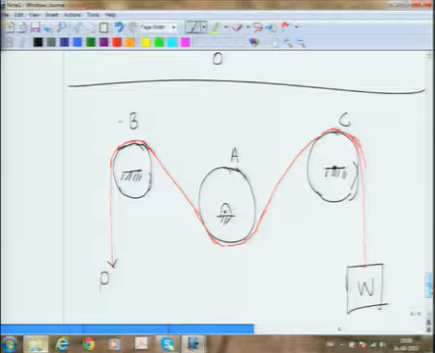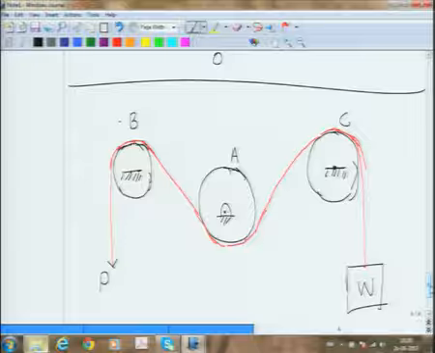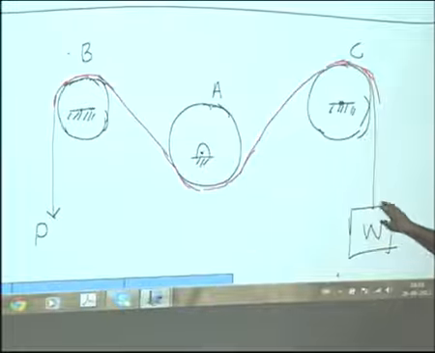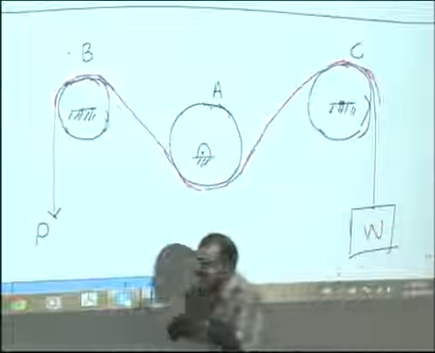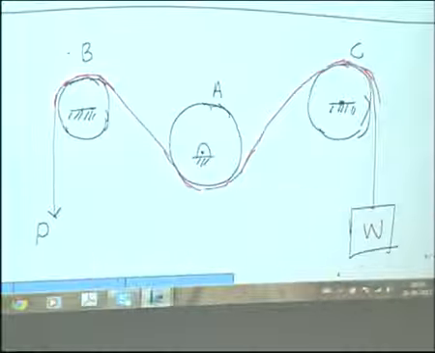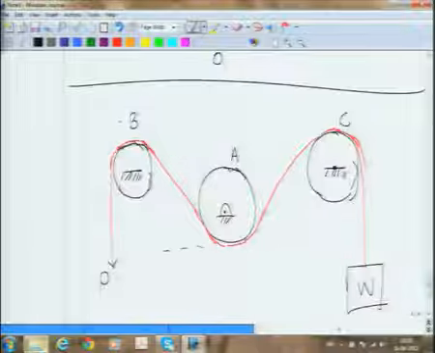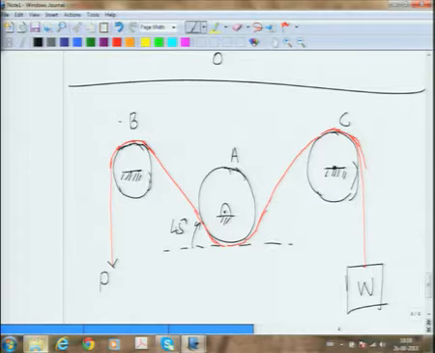We have these three drums or rollers, whatever you may call it. There is a cord which is passing through these three. A weight W is held here. Now, there are certain things which I will specify in the problem, and there is a particular reason why I have taken this problem. Also, this angle is 45 degrees and this angle is also 45 degrees.